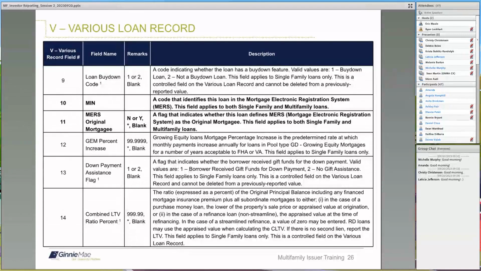Okay, fields 9 through 14. You'll note here that field 10 is the MERS MIN field, and field 11 is the MERS MOM, the original mortgagee field. So those are both multifamily fields.